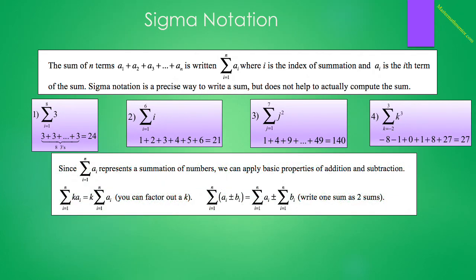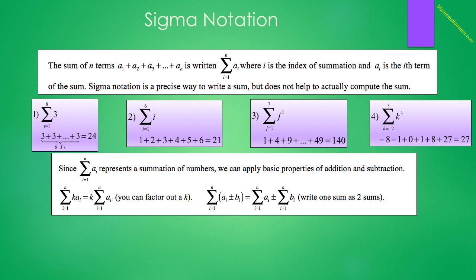Since sigma i equals 1 to n of ai represents a summation of numbers, we can apply basic properties of addition and subtraction. So sigma i equals 1 to n of k a sub i equals k sigma i equals 1 to n of a sub i. You can simply factor out the k.